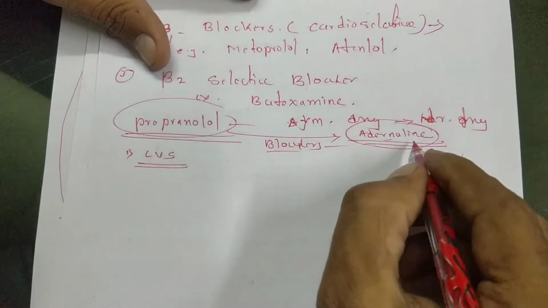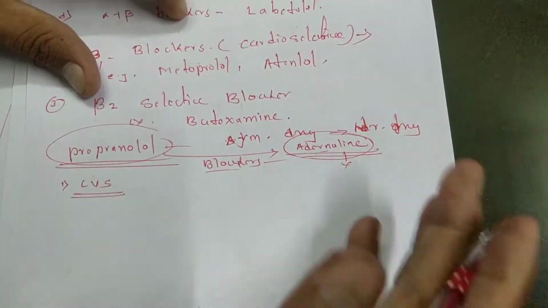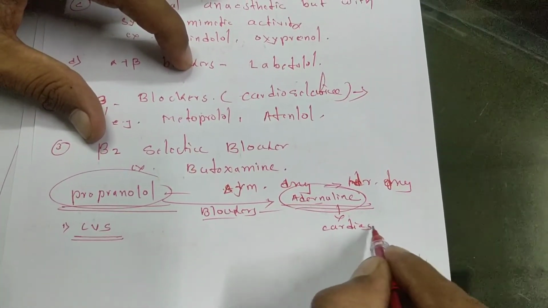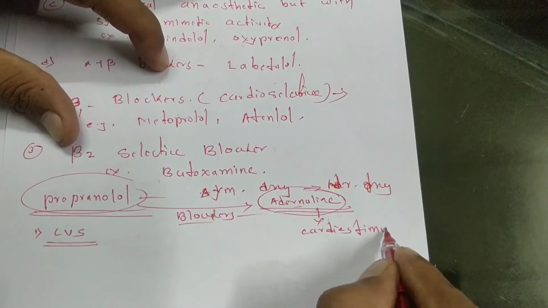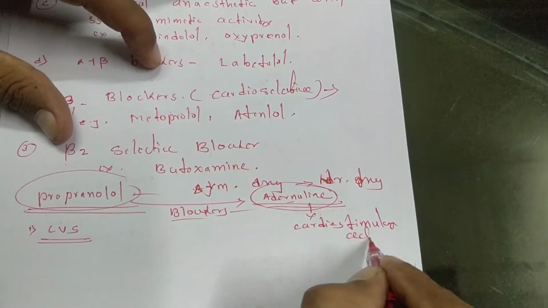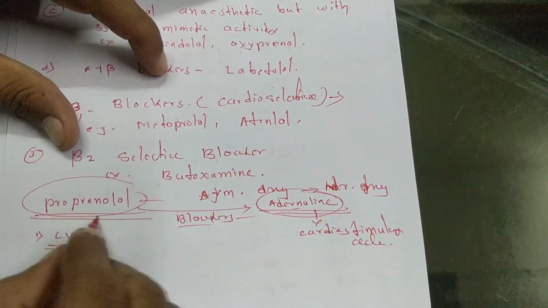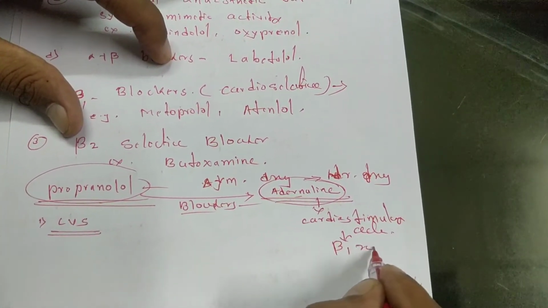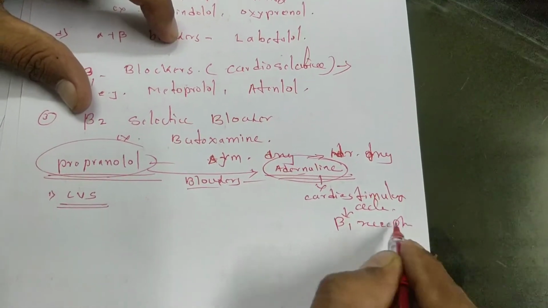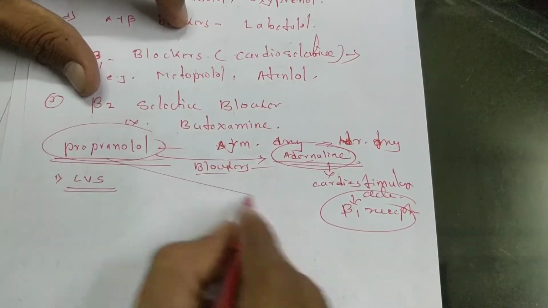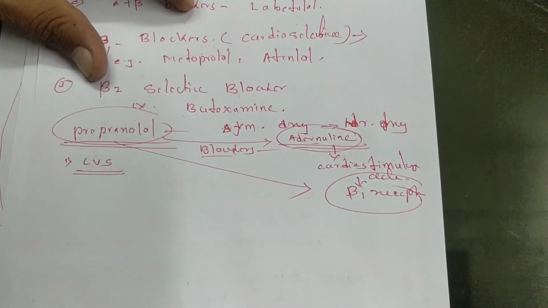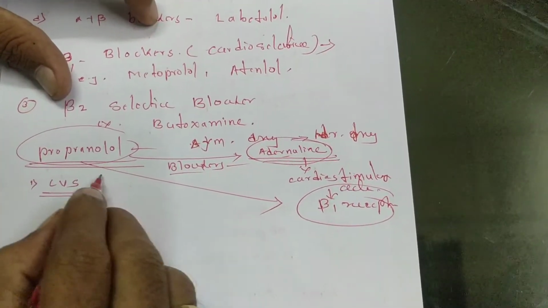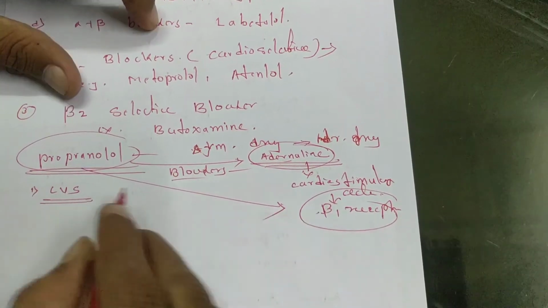Now the action. Adrenaline produces a cardiac stimulatory action, because the beta 1 receptors are stimulated. Now propranolol blocks the beta 1 receptors. What happens now?